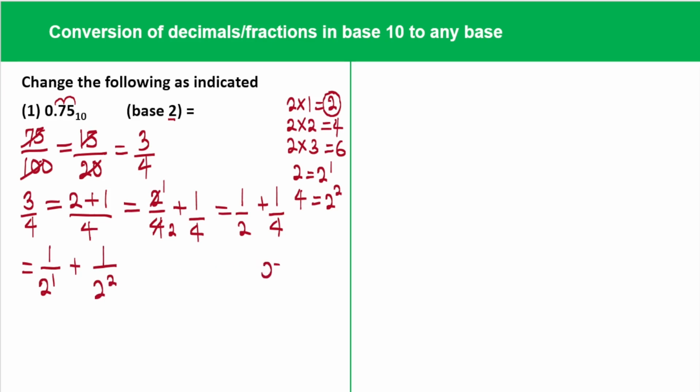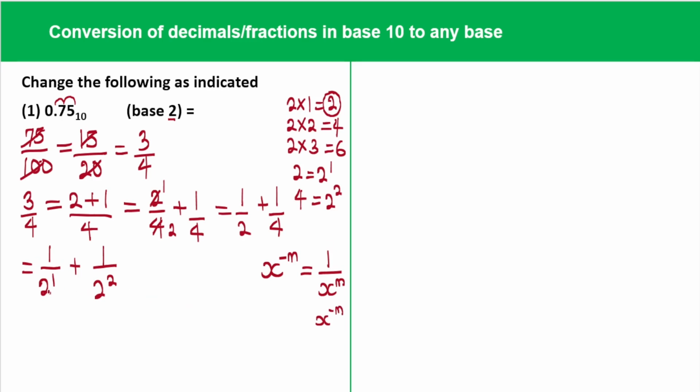Recall again from the law of negative index that x to the power of minus m will give 1 over x to the power of m. In other words, the minus here changes to 1 over. We can as well change this back from the fractional form back to the index form by changing the 1 over back to minus in front of the m.